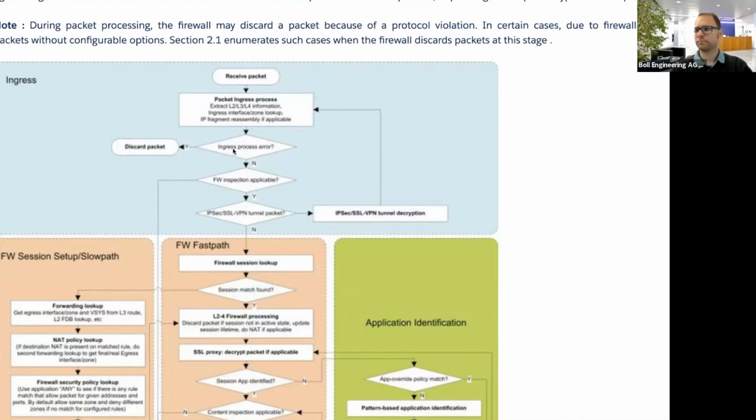This is explained here, the different tests on the different stages like the ingress, the receive stage. Maybe the interface and zone lookup is not correct for the incoming IP packet. Then the packet is discarded, so you would see this packet in the drop stage and the receive stage, but not in the firewall stage.